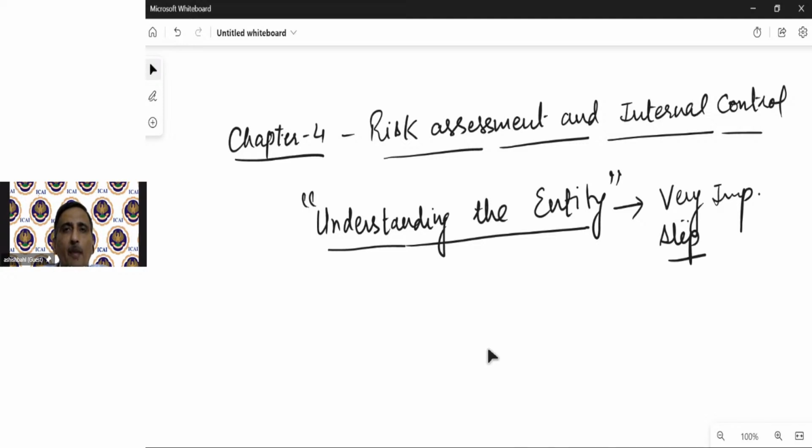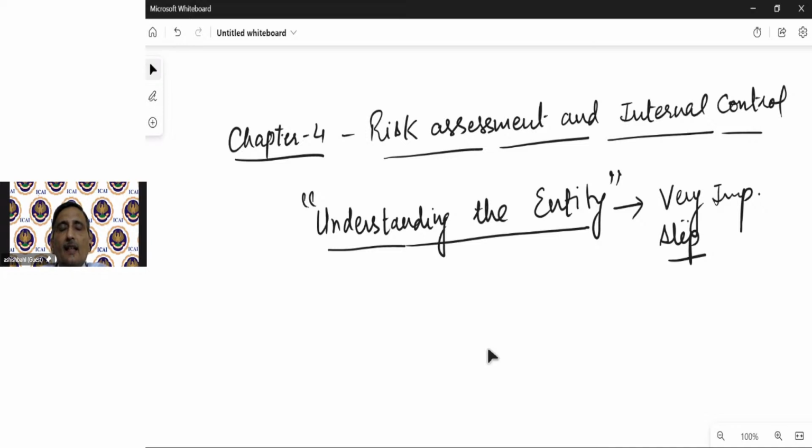Because he would want to keep his detection risk at a low level so that his overall audit risk remains low, because the risk of material misstatement has been assessed as high by him. So he would try to keep his detection risk, that he is not able to detect material misstatements, at a low level so as to keep his audit risk at a low level. Okay, is that clear?